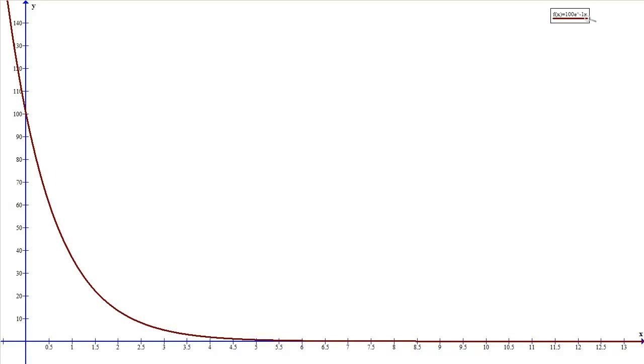Well, let's use our knowledge about transformations, and now multiplying e to the negative x by 100 has a result of this vertical stretch. So now our y-intercept is not at positive 1, it is at 100. So now we can begin to see a model of this cup of coffee that begins at 100 degrees Celsius and then cools, and eventually will get closer and closer to its surrounding temperature of 0 degrees.